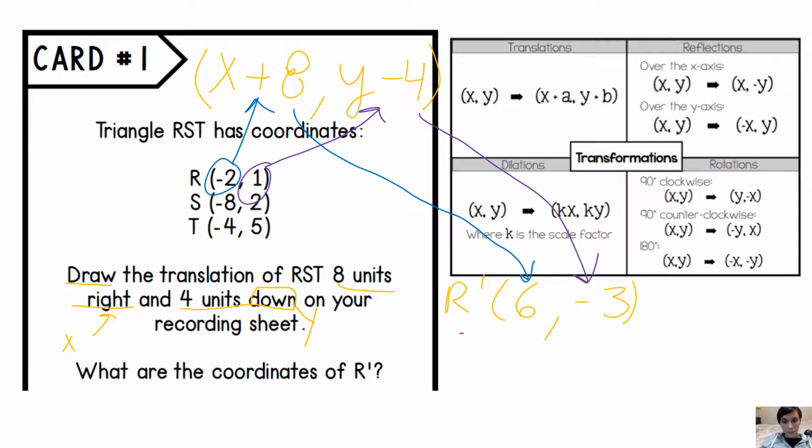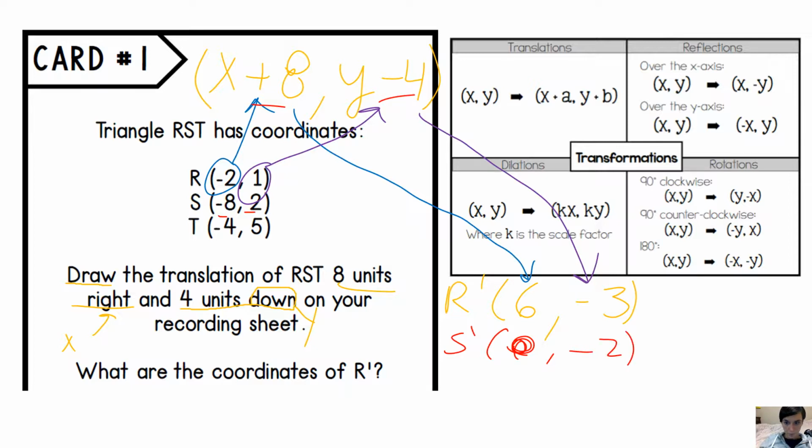All right, now S prime, I meant to go orange, but oh well. S prime, you're going to take negative 8 plus 8 will be 0. That's a 0. And then the new y coordinate will be 2 minus 4, it will be negative 2.